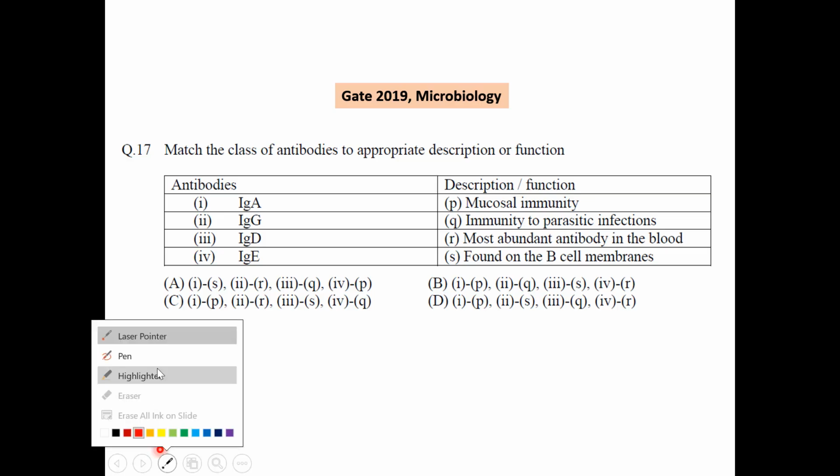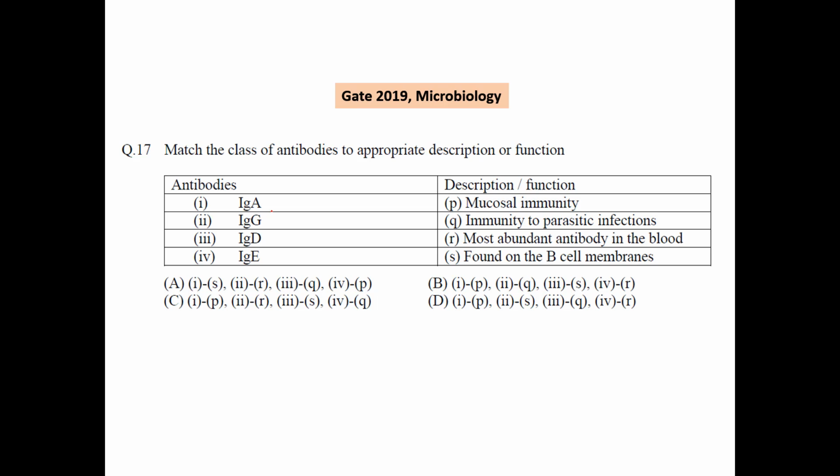The first antibody is IgA. As we have read, it is secreted in the mucosal surfaces, so it provides mucosal immunity. So the first option will be B. IgG is present at about 85% level in the serum, so it is the most abundant antibody in the blood.